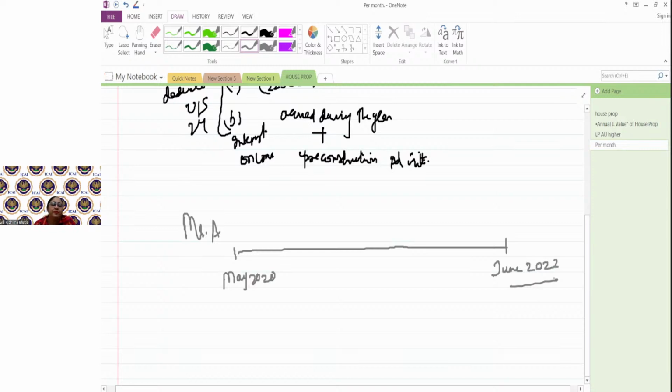Now you will say कि मैम pre-construction period हो गया May 2020 से लेके June 2022 तक. Correct? You will say like this, but I will say this is wrong. Property कब complete हो गई? June में. So in the previous year 22-23, ध्यान से guys, please focus here. In the previous year 22-23, there is a house property.